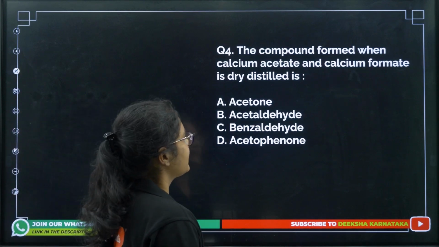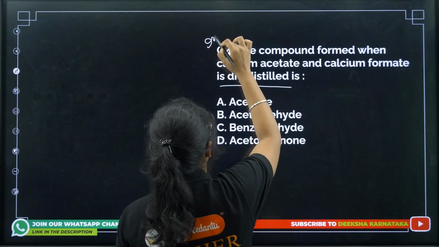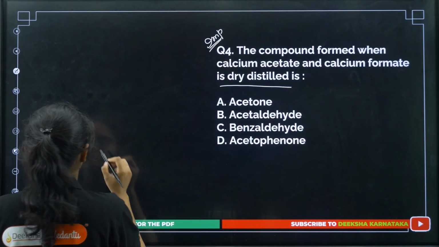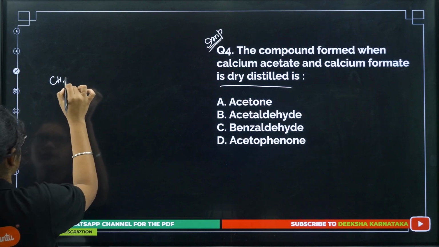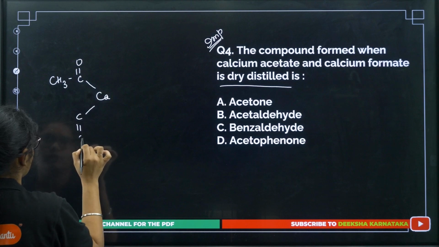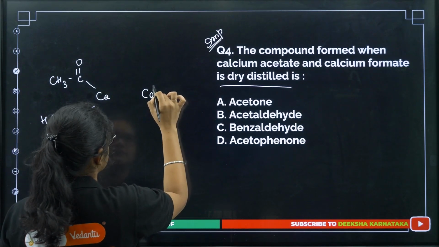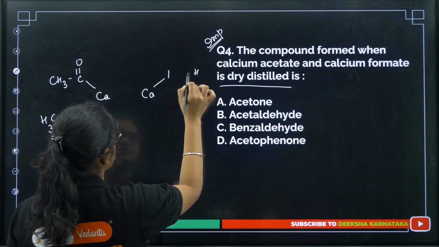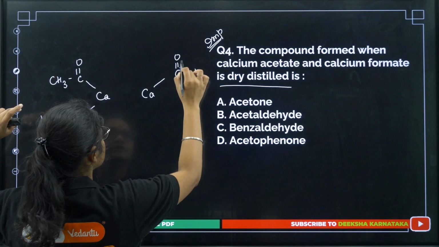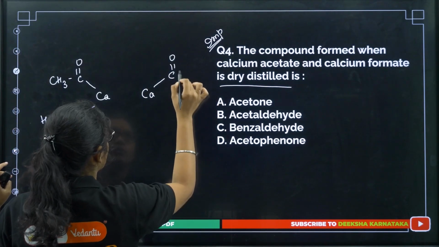Next, the compound formed when calcium acetate and calcium formate is dry distilled. Okay, so this is an important question. You have here calcium acetate, so I can write like this, CH3, C double bond O, Ca, and then you have CO, CH3. And for calcium formate, you have H, C double bond O, and then C double bond OH.